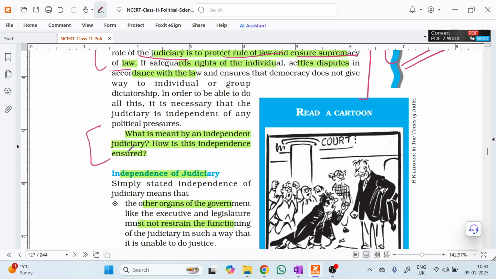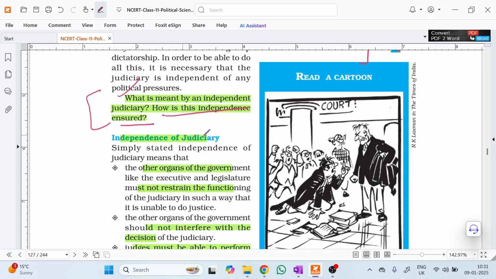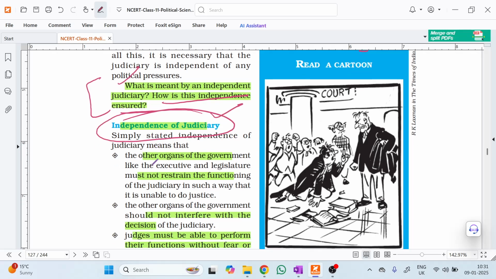फिर अगले सवाल, what is meant by an independent judiciary? कौन से aspects हैं which decide that if any judiciary is independent? And then how constitutions and convention they ensure this independence. So सबसे पहले बात करते हैं, what are the simple aspects of independence of judiciary?